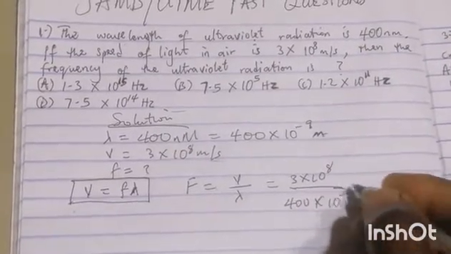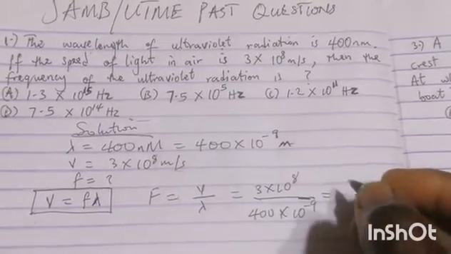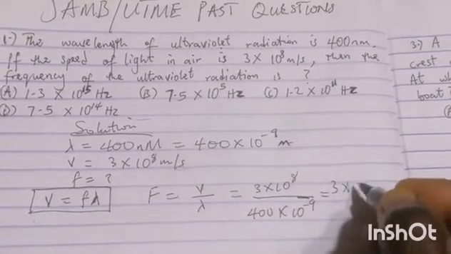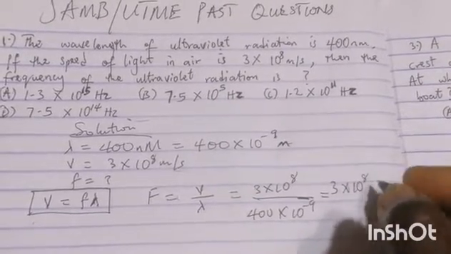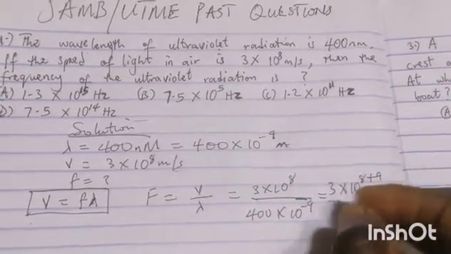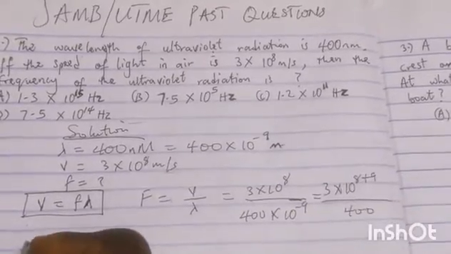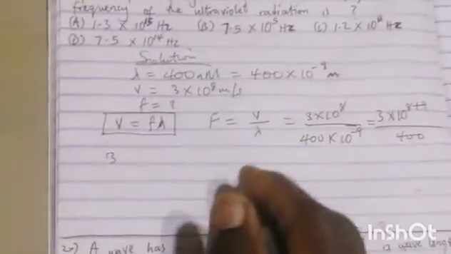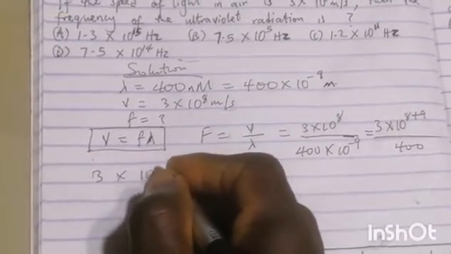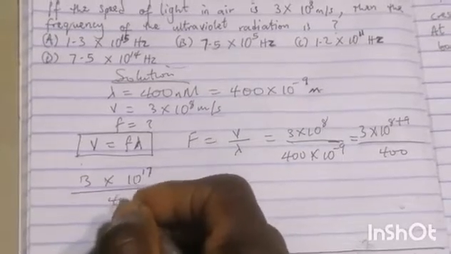So if you have a calculator that can actually solve this, you can do it. But let me try out this without using calculator. So this will be 3 times 10 raised power 8 plus 9 over 400. So that will give me 3 times 10 raised power 17 over 400.